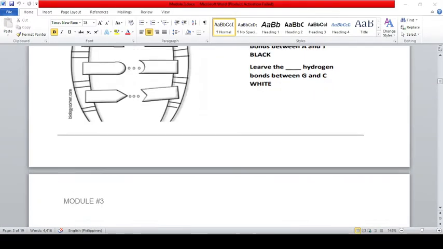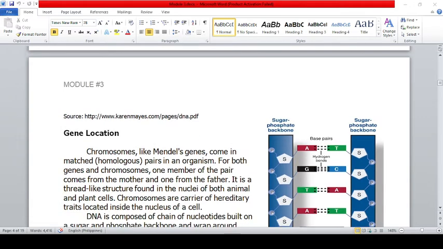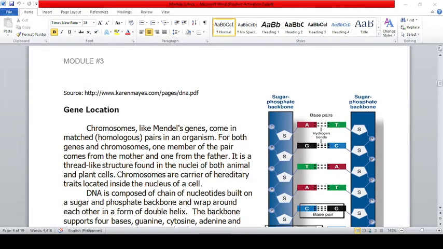Okay, let's proceed. Gene location. Saan ba ang gene location natin? Our DNA is composed of a chain of nucleotides built on a sugar and phosphate backbone, and ang kanyang form ay double helix.